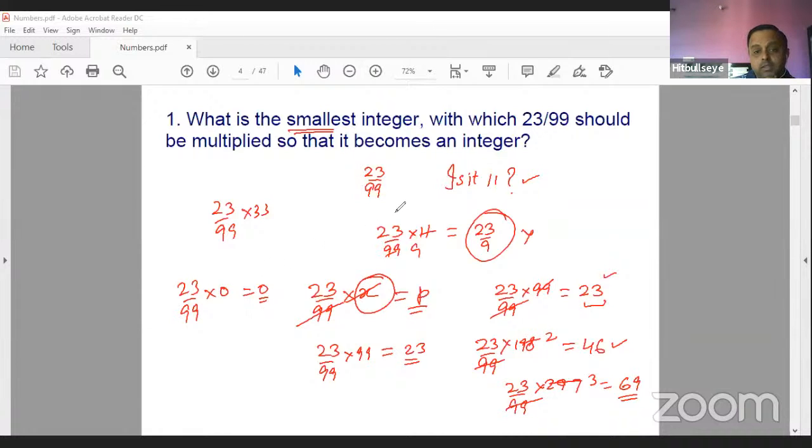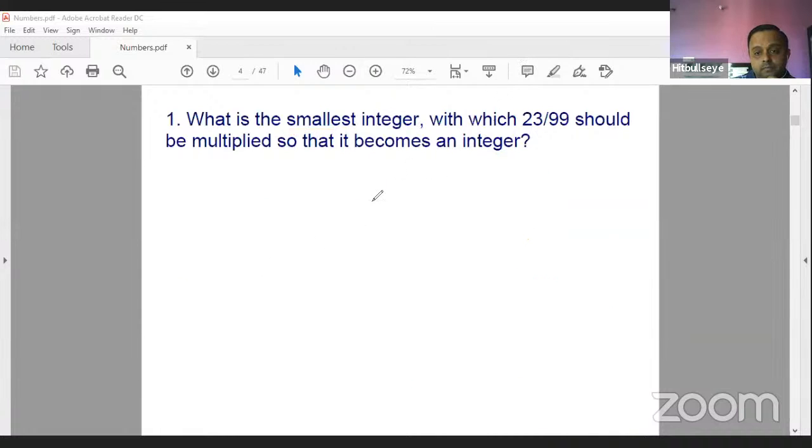So shouldn't the answer be 0? 23 by 99, if I multiply it by 0, I will get 0. 23 by 99 multiplied by 99 will give you 23. Here you are getting an integer, 0 is also an integer. So shouldn't the answer be 0 instead of 99? Or do you think some other number can crop up also?